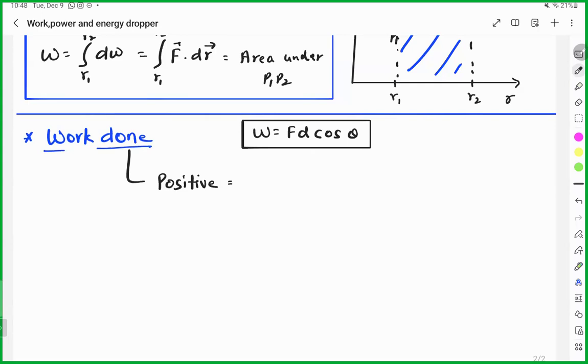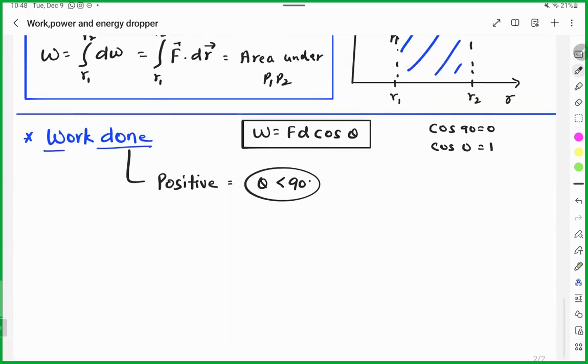So if theta is less than 90, can we say there will be positive work done? Because up to 90 you have a positive value, because cos 90 is 0 and cos 0 is 1. So below 90 the value will be positive, after that it will be negative. Make sense?